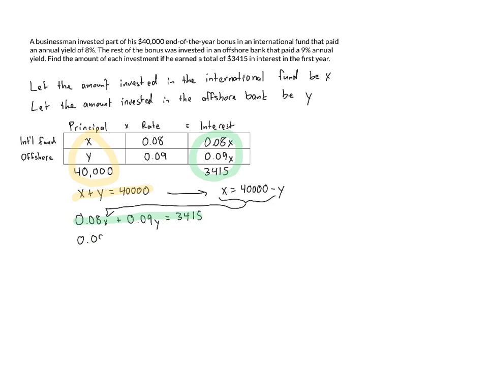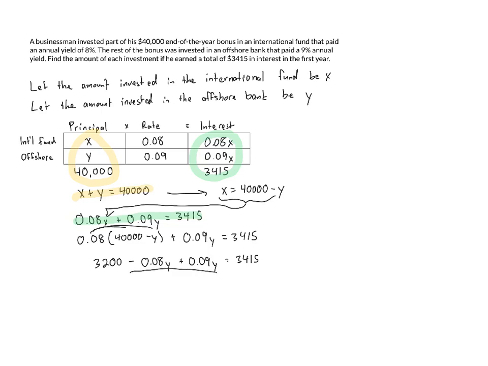So we've got 0.08 times x, but we said x was 40,000 minus y, plus that 0.09y equals 3,415. We can distribute this 0.08 next. 0.08 times 40,000 is 3,200 minus 0.08y plus that 0.09y equals 3,415.